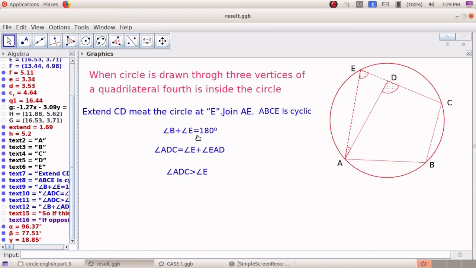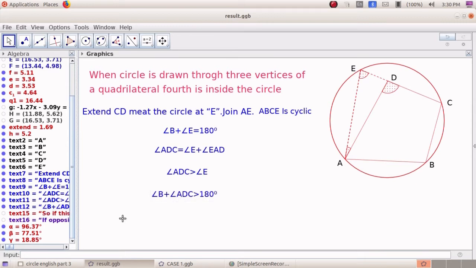Now in this equation, angle B with angle E added is 180 degrees, and instead of angle E, if we substitute a larger quantity, angle ADC, that sum goes more than 180. Here angle E is less than angle ADC, and so if we substitute angle ADC, the sum will be more than 180 degrees.